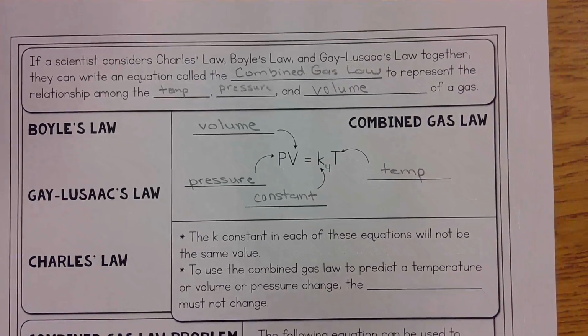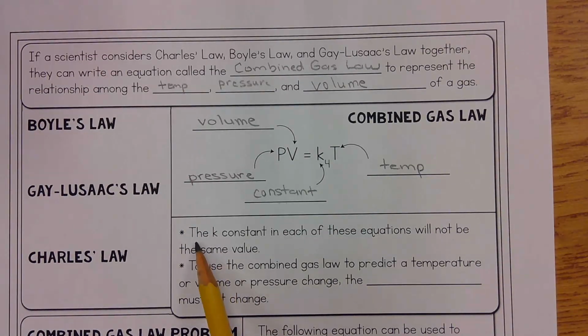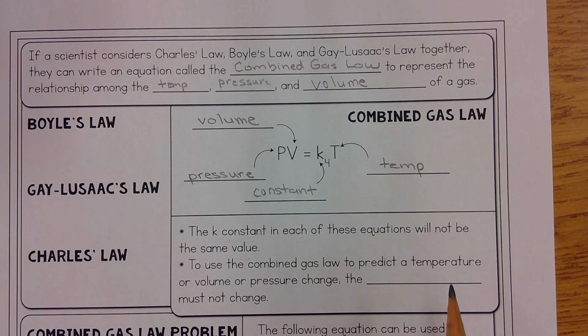The only difference is that the K in these equations is not going to be the same because different elements are different. So it's the same for all oxygen, and then it's the same for all nitrogen, but it's not the same for every gas.